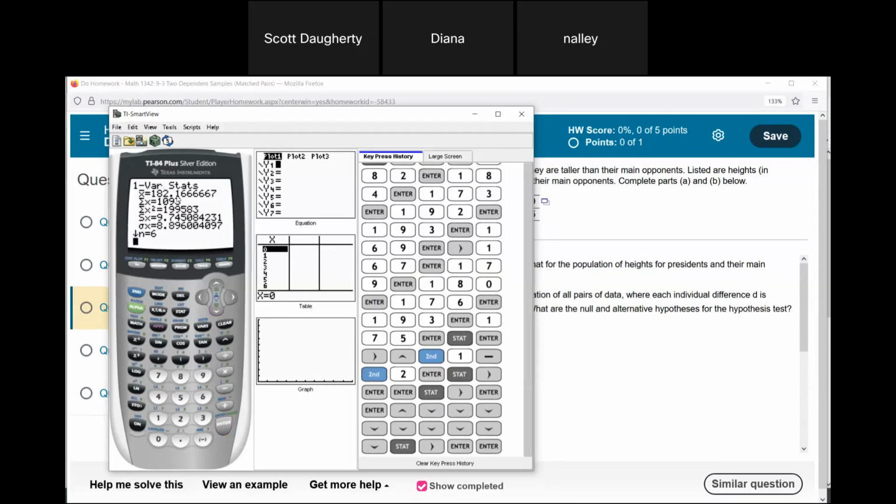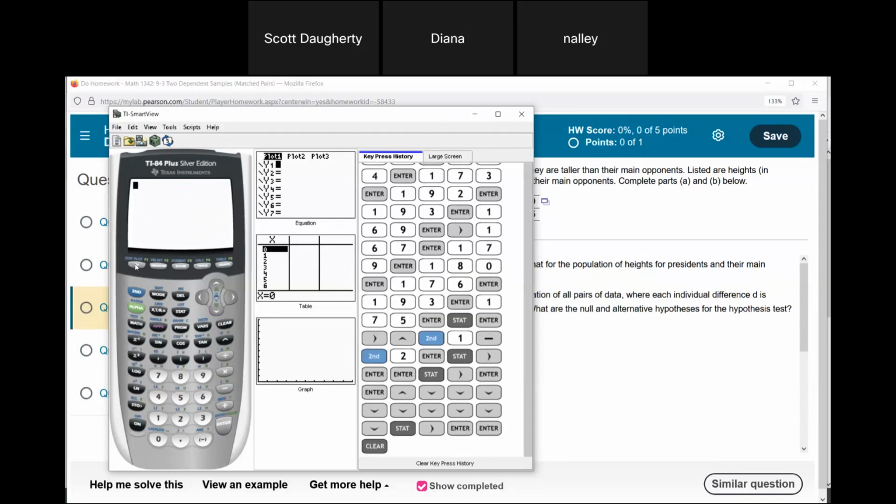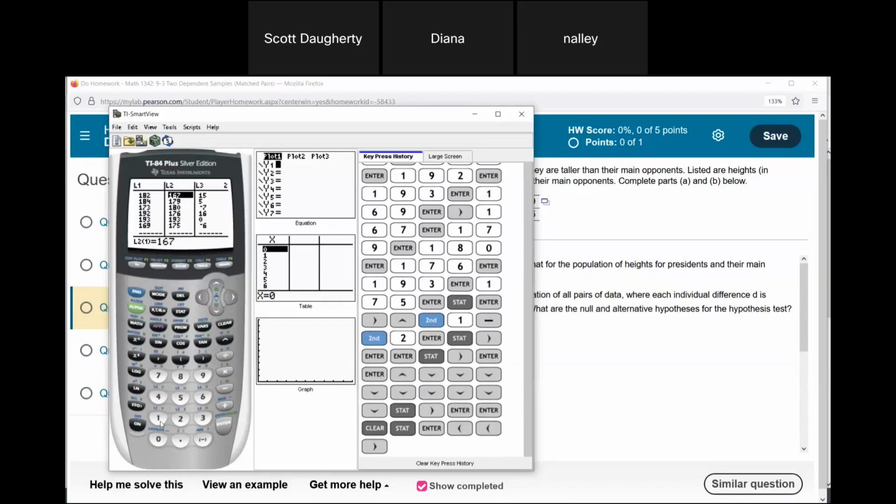So this is averaging up L1, I think. Okay, which is a little annoying for me because I have to redo all this. So I'm just going to do this.